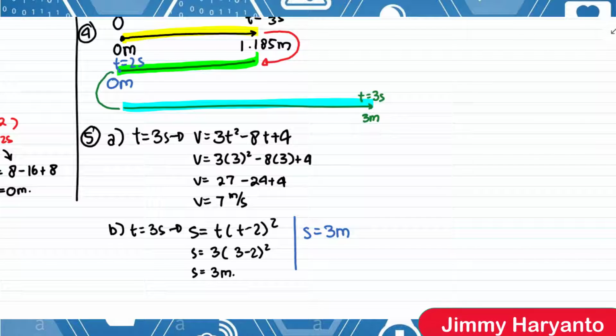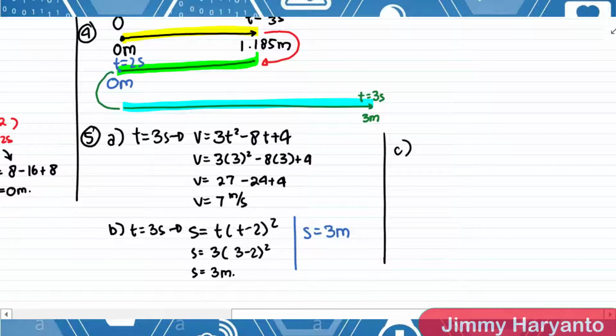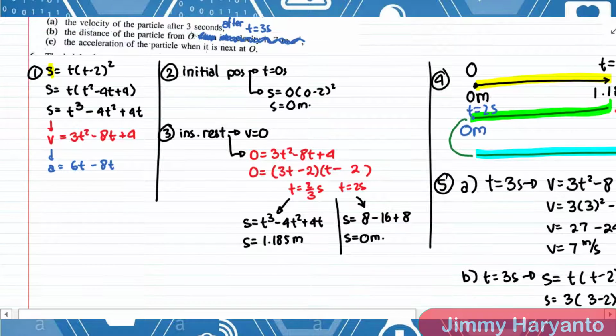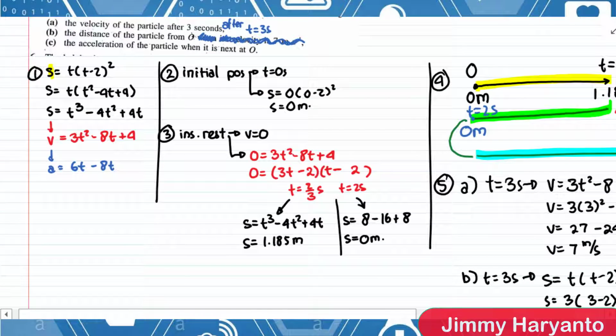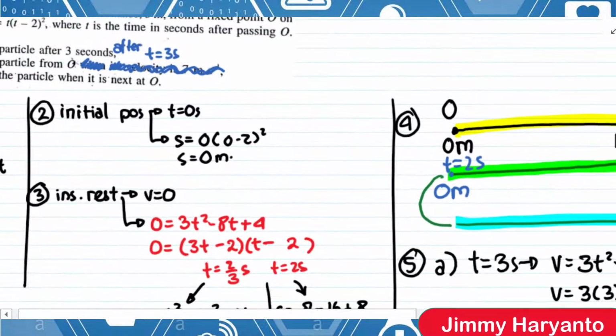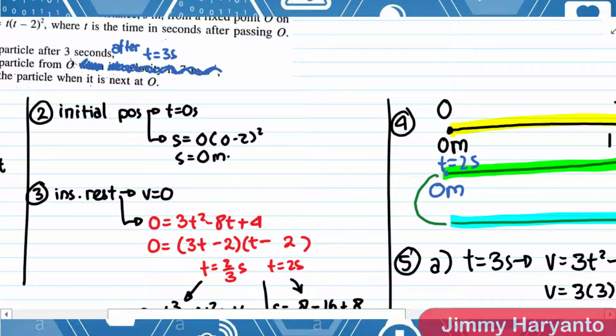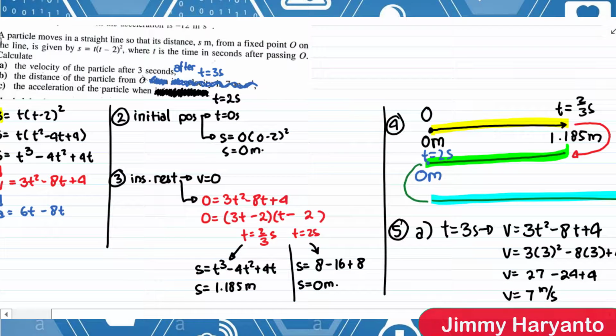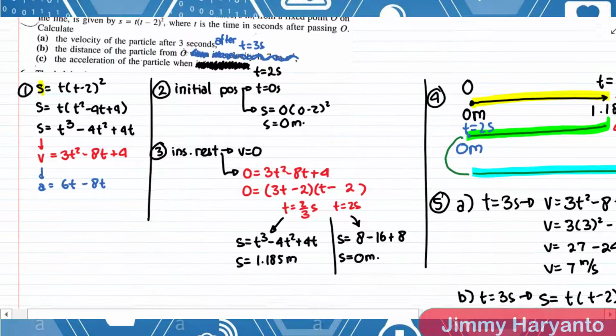Okay, next is the question C. For the C, the question asks you for the acceleration of the particle when it is next at O. So we already know that the particle will be at O the second time at t equals 2 seconds. So I can change the question into the acceleration of the particle when time equals 2 seconds.